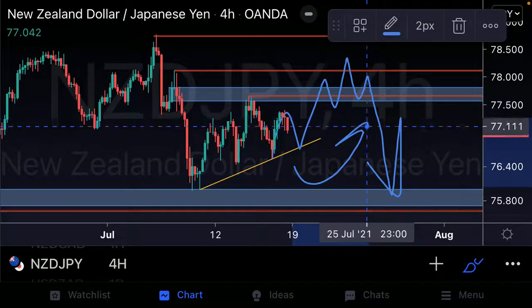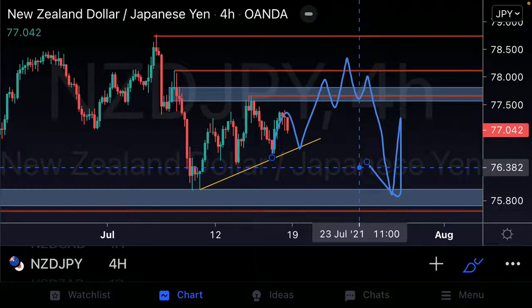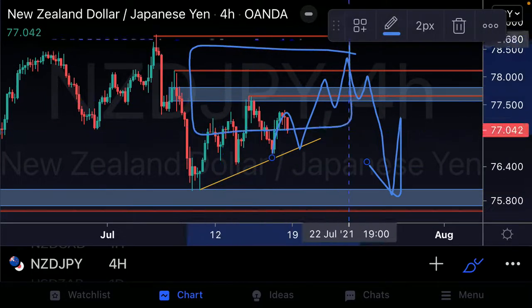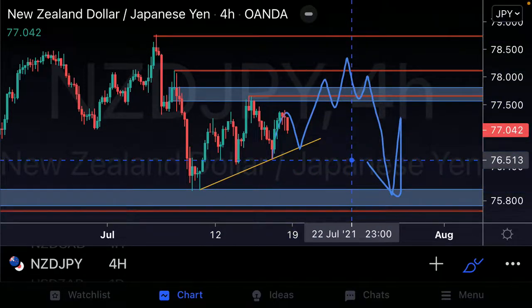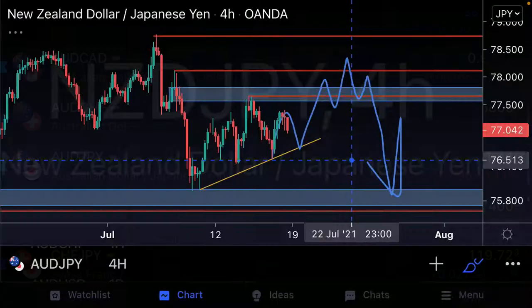So on New Zealand dollar JPY, let's look at what we're doing in terms of correlation. We're looking to trade some sell biased momentum. That means that if JPY gains in strength, that's where we are looking to capitalize on that JPY strength.